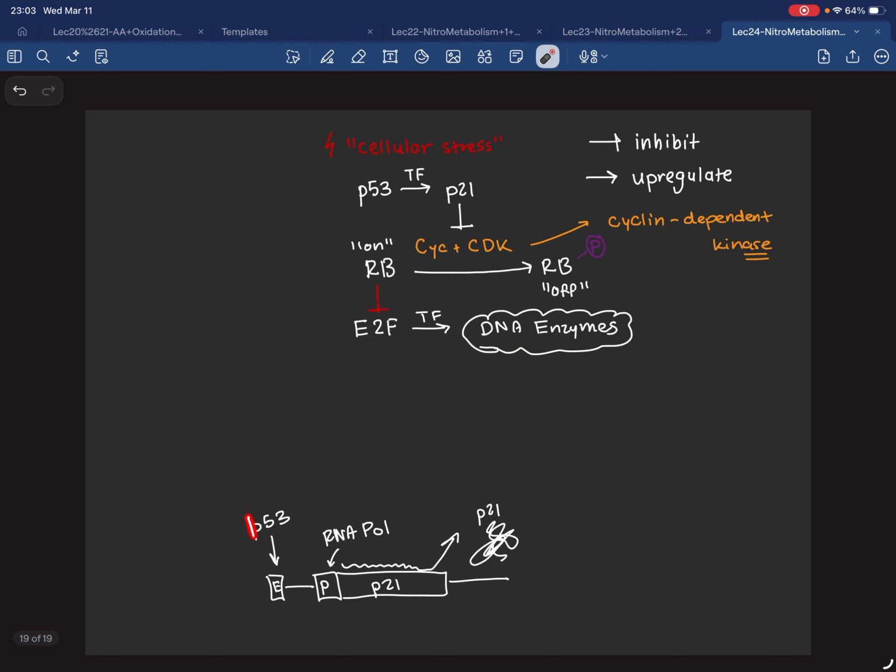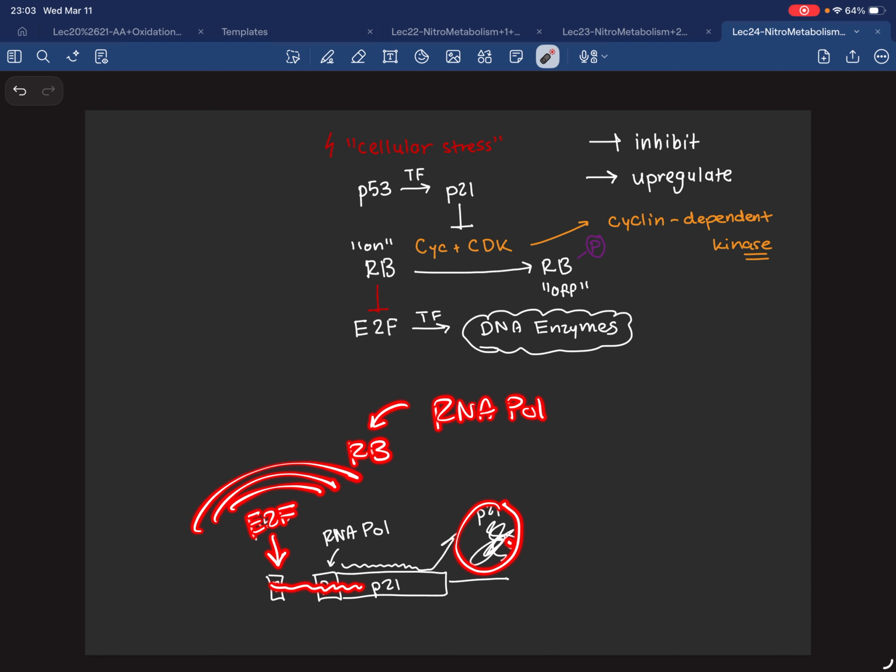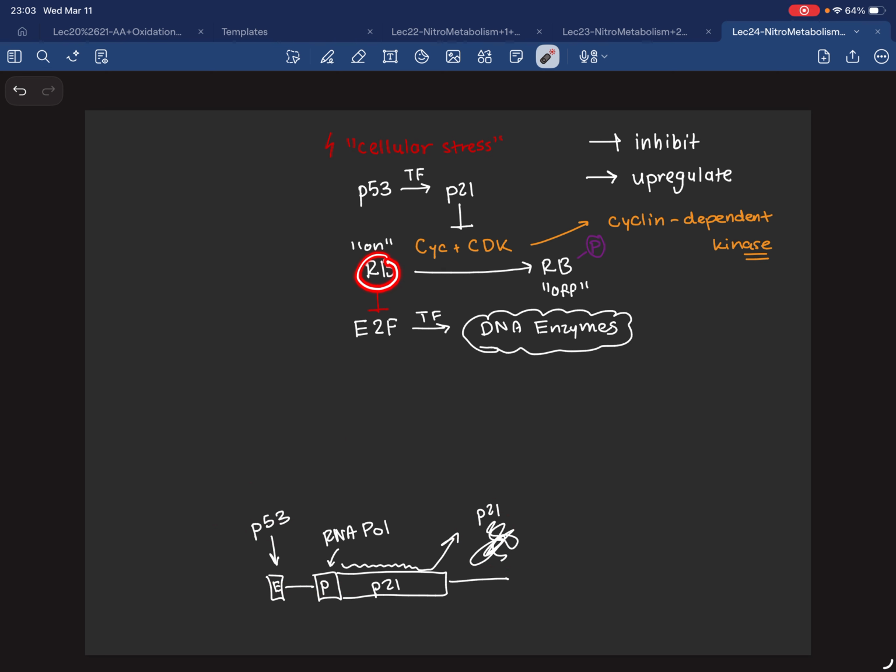If you say that this is E2F, and you say that E2F is going to sit on the enhancer, and it's going to help produce more DNA enzymes, what RB does is it covers it. This is RB. It says, don't do that. RNA polymerase tries to come in, and RB basically goes, go away. Don't express this gene. RB is the brake pedal for DNA enzymes.